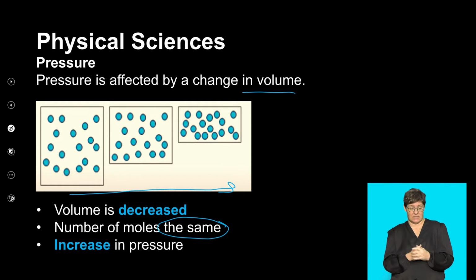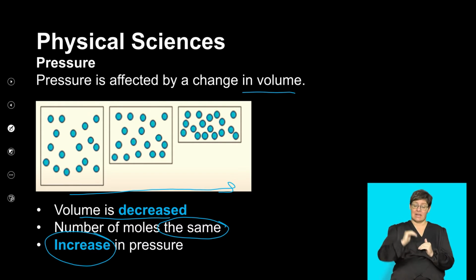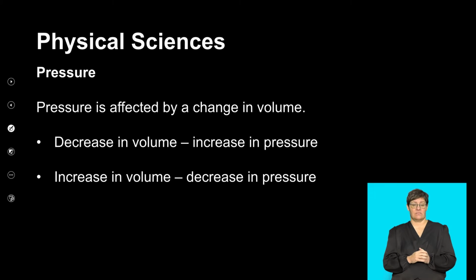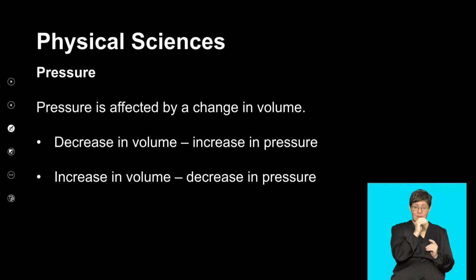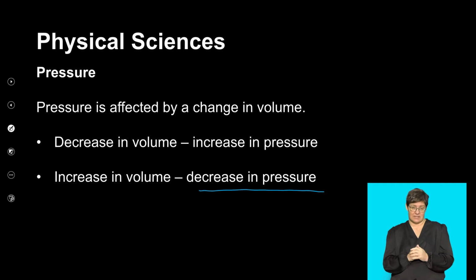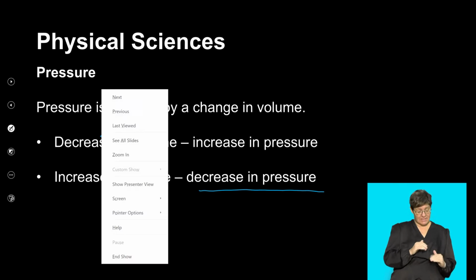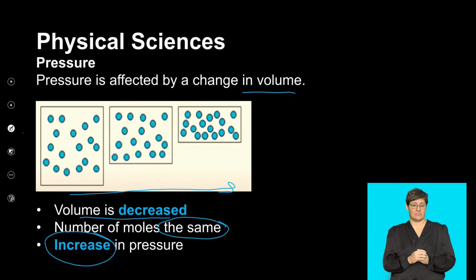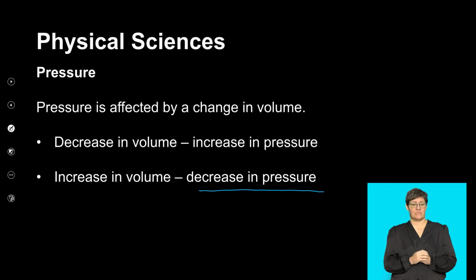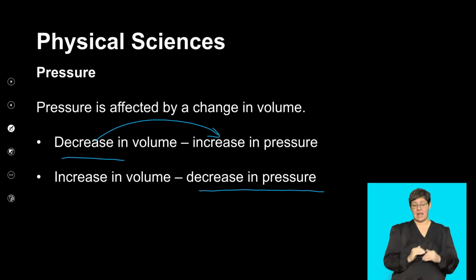But what we need to know is that a decrease in volume will increase our pressure. So we know that pressure is affected by the volume. As we said, an increase in volume will decrease the pressure, and a decrease in volume will increase the pressure.